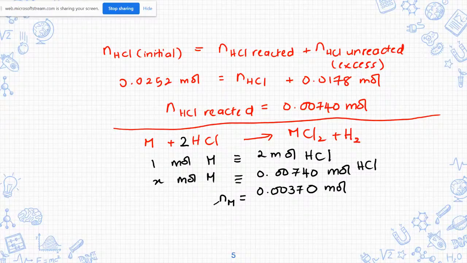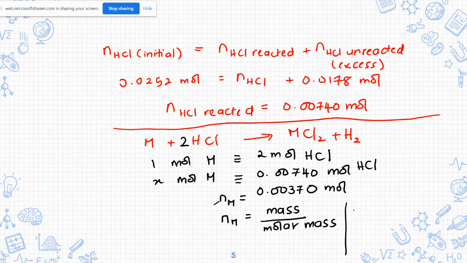And for my sample 1, my mass stated just now was 0.0950. If we know the number of mole, how can we relate to the molar mass? We know that n of M equals mass over molar mass. Therefore, n is 0.00370 mole equals the mass, which is 0.0950 gram.